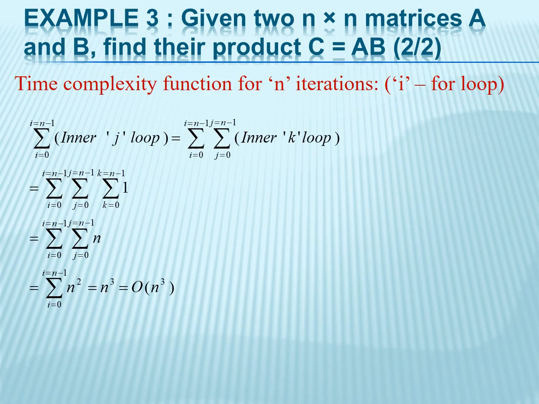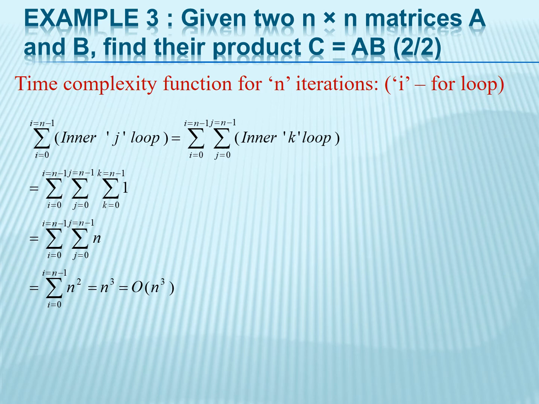Let us derive the time complexity function for the matrix multiplication algorithm. To do that, let us find the time complexity function for n iterations of the outer I for loop.